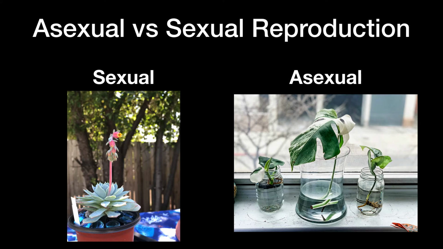One advantage of sexual reproduction is it's a way to avoid viruses, pathogens, and diseases that can arise with some of the asexual reproduction methods that will be discussed later. Another advantage is the increased genetic variation.